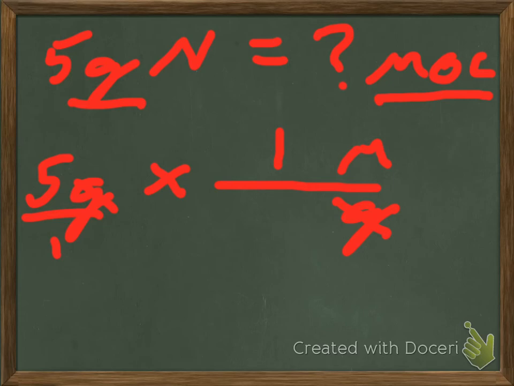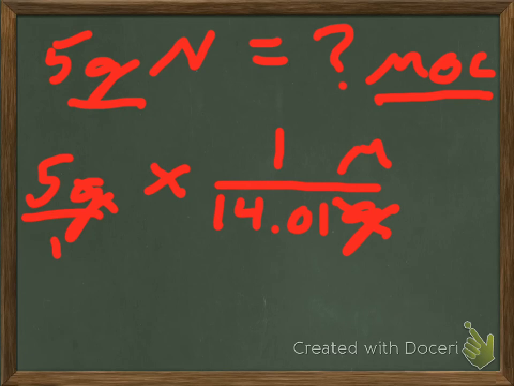Again, this whole fraction right here is always your molar mass. So what I want to do is find out in 1 mole of nitrogen how many grams there are. I go to the periodic table and find that 14.01 grams are in 1 mole.